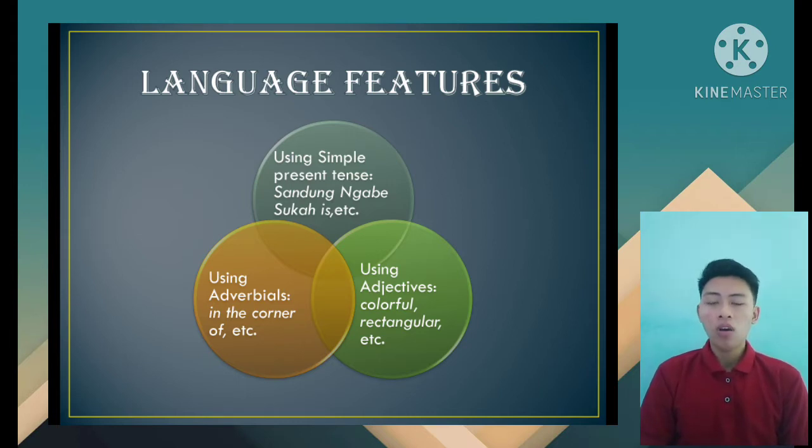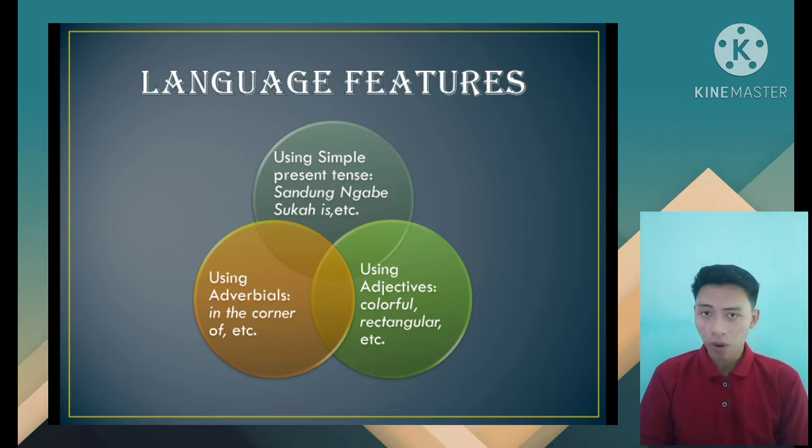One of the functions of the simple present is to illustrate a fact or a truth. For example, the fact: the sun is hot. Therefore, you should always use the first form of the verb, or verb 1.